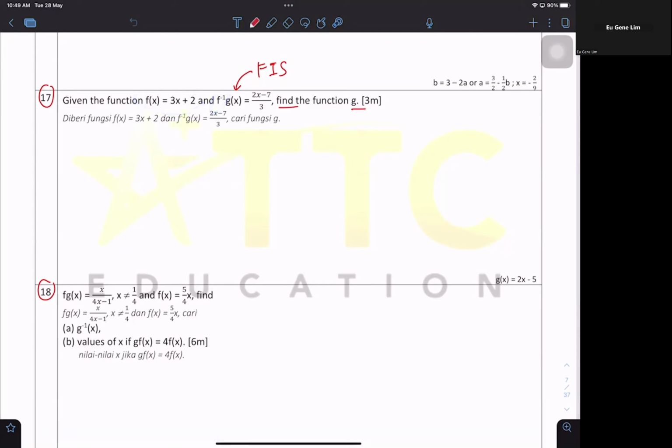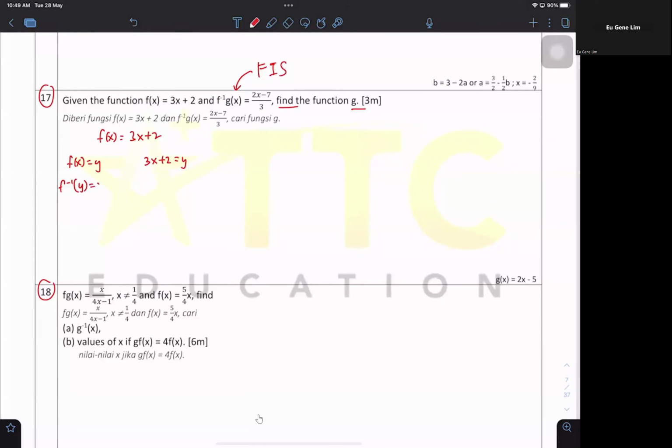Okay, let's do it now. Still remember how to find inverse function? The left side equals y, the right side also equals y. Switch, x and y switch.